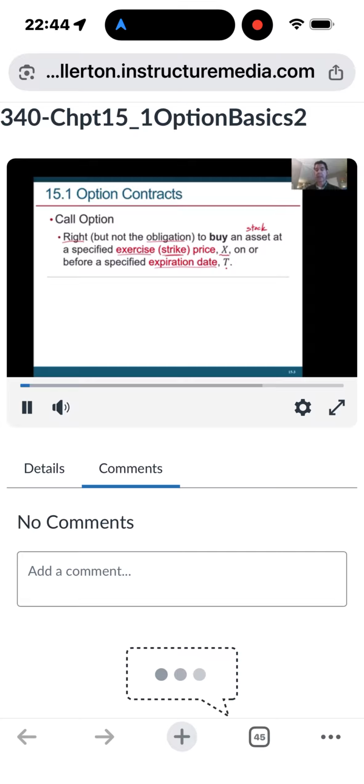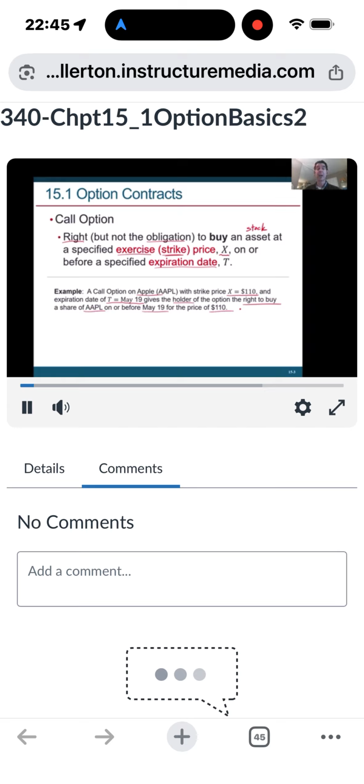Let me give you an example of a call option. So a call option on Apple with strike price X equals 110, an expiration date of capital T equal May 19th, gives the holder of that option, or the person who has purchased that option, the right to buy a share of Apple on or before the expiration date, May 19th, for the strike price of 110.